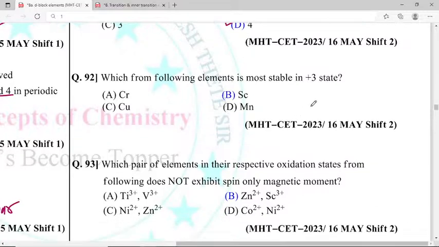Which of the following elements is most stable in plus 3? So plus 3 oxidation state. Scandium. Scandium is the most stable in the plus 3 oxidation state.